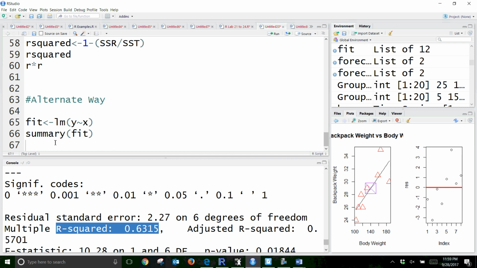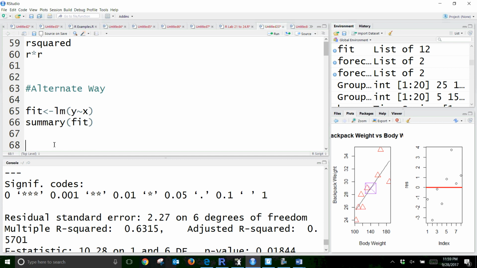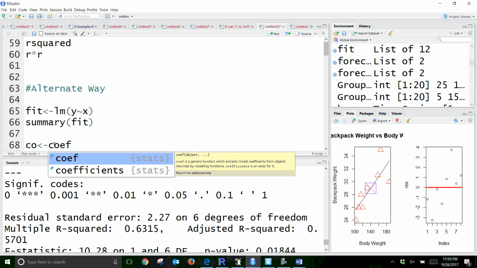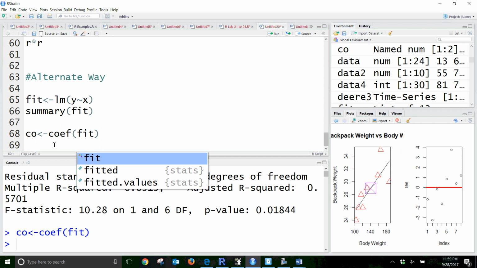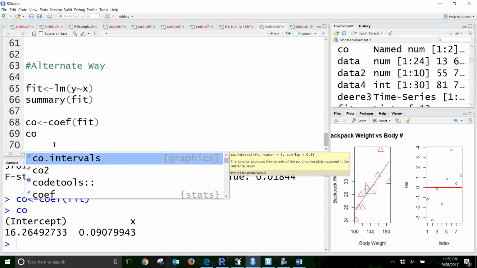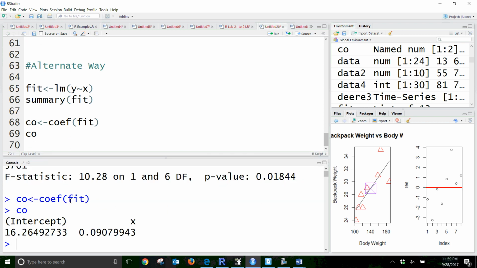So you can pick off those coefficients. For example, you don't have to, right? You can just write those down. But if you did coefficient equals coef of fit, look what we get here. That's my intercept and slope. So we'll just call it A1, so we don't get confused with the other A value we have.